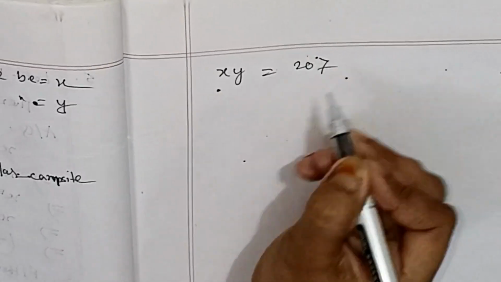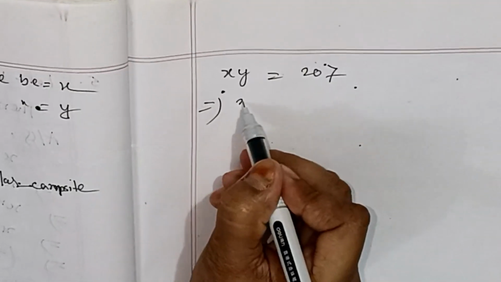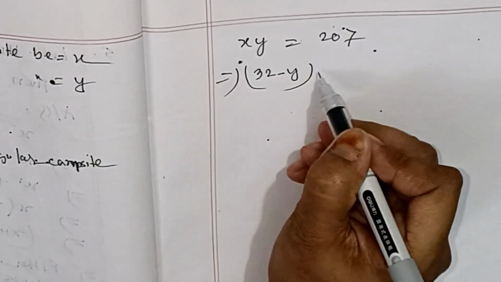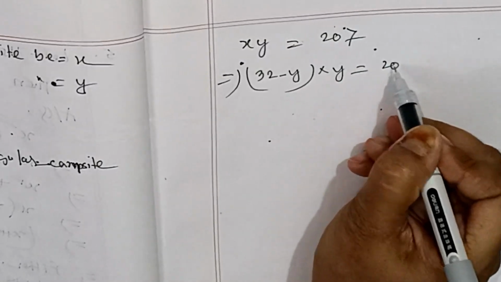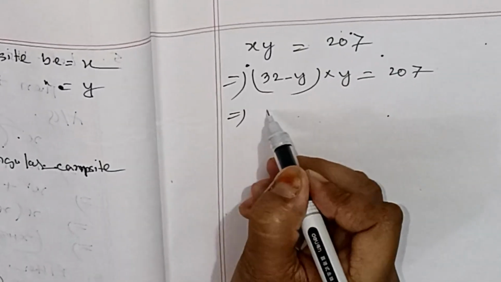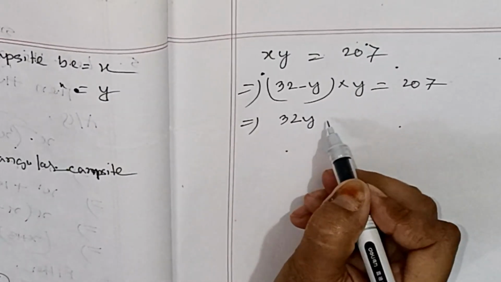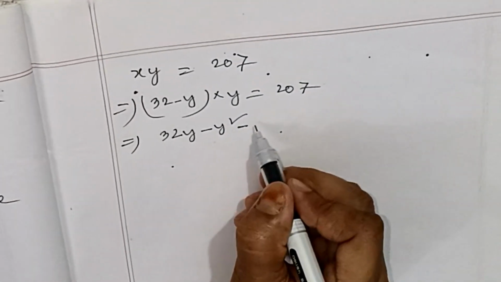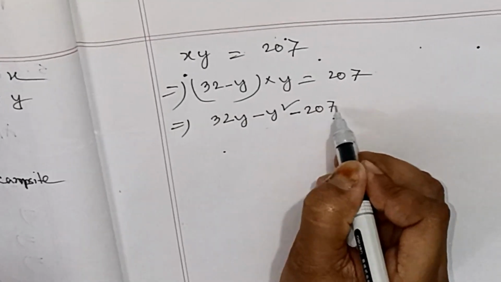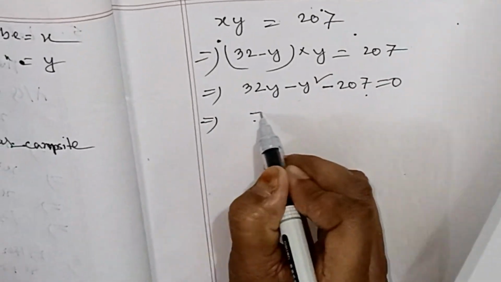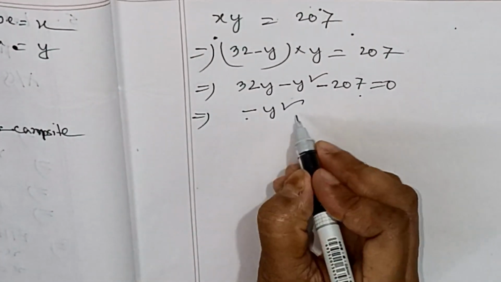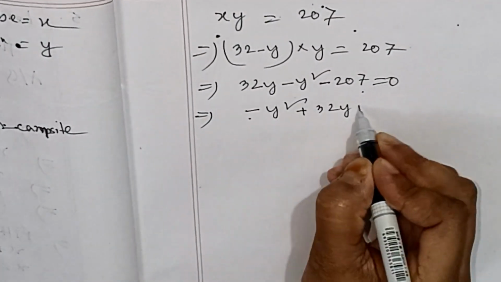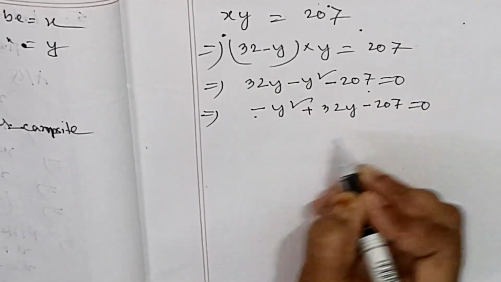So xy is equal to 207. We put the value here, 32 minus y times y, equals 207. So calculate: 32y minus y square equals 207. It will change to the left-hand side as minus 207 equals 0. So minus y square plus 32y minus 207 is equal to 0.